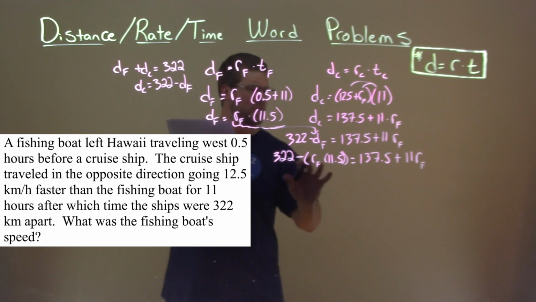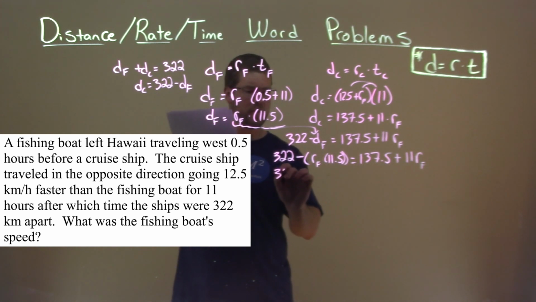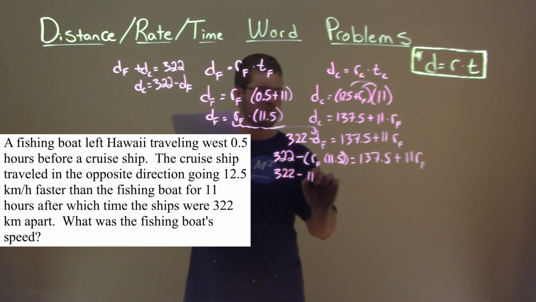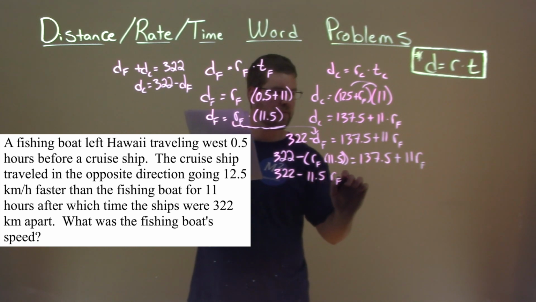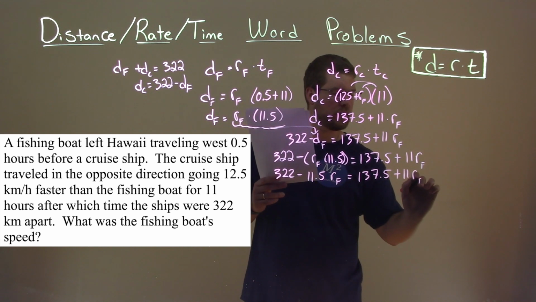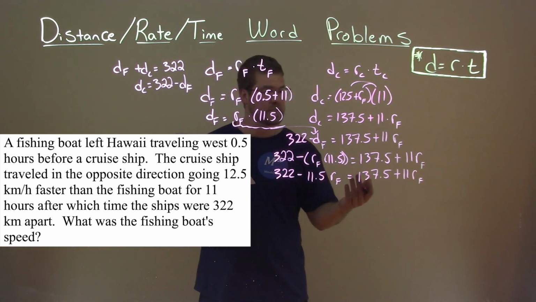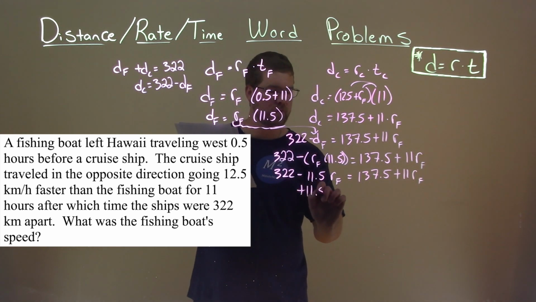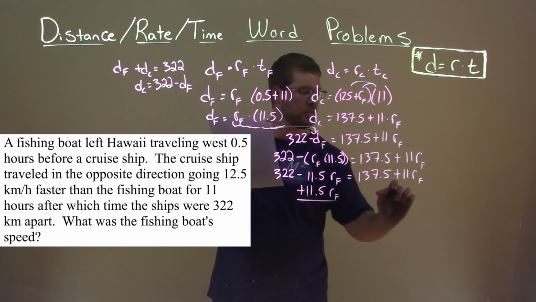Okay, let's go clean this. I'm going to rewrite this a little bit. 322 minus, I'm going to put 11.5 first so it's clear, r sub f is equal to 137.5 plus 11 r sub f. Let's bring our like terms together. I'm going to add 11.5 r sub f to both sides here.